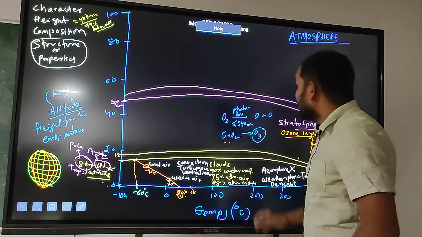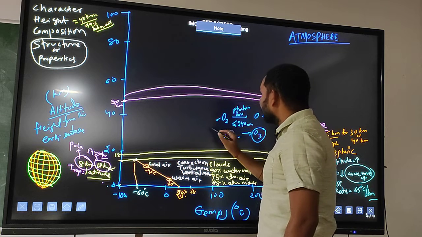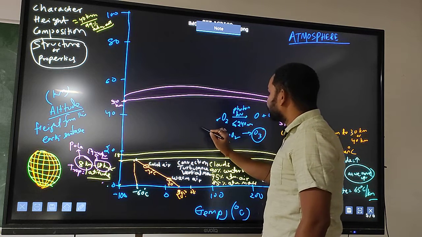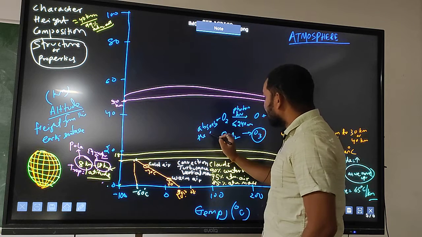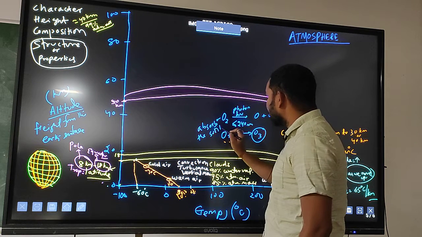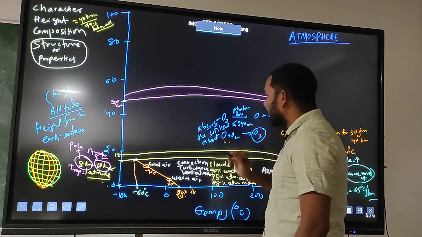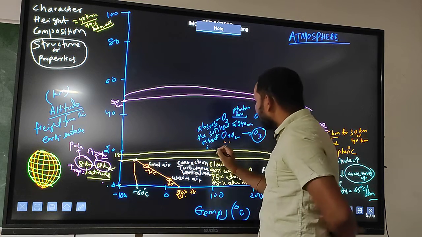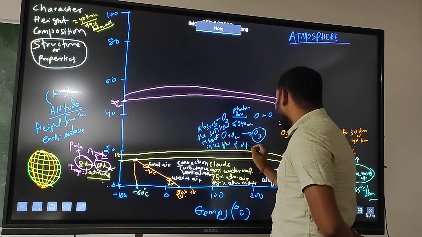Here the oxygen absorbs the solar light, the sunlight, or we can say it absorbs the energy in the form of UV light.